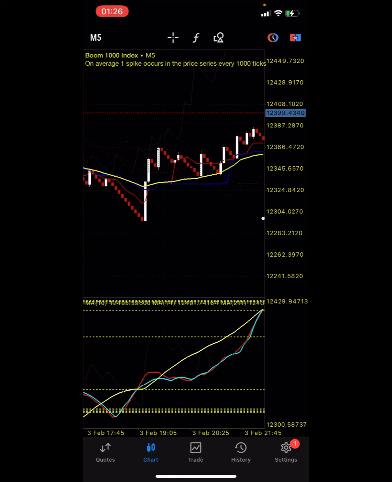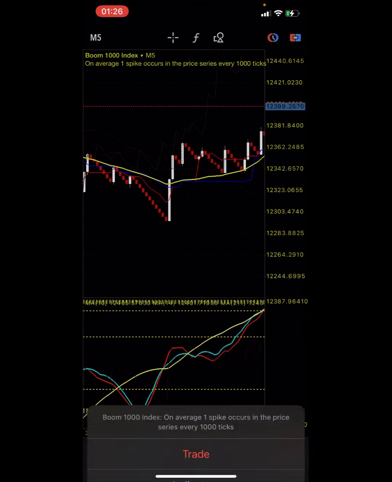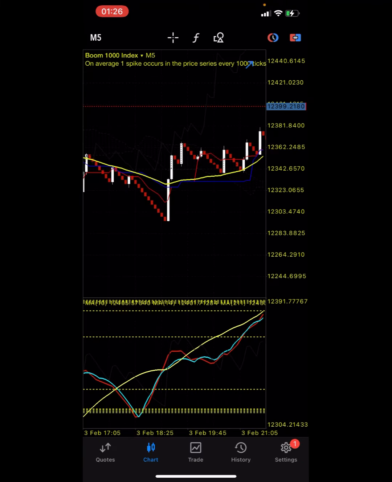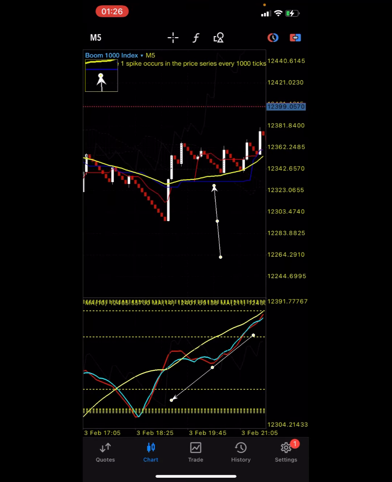Alright guys, I've got here a very simple strategy for you to use to win in your boom and crash markets. If you observe, you'll notice that I still have this strategy here, which was in my previous videos, and now there's a new development, which I've got on the main chart.